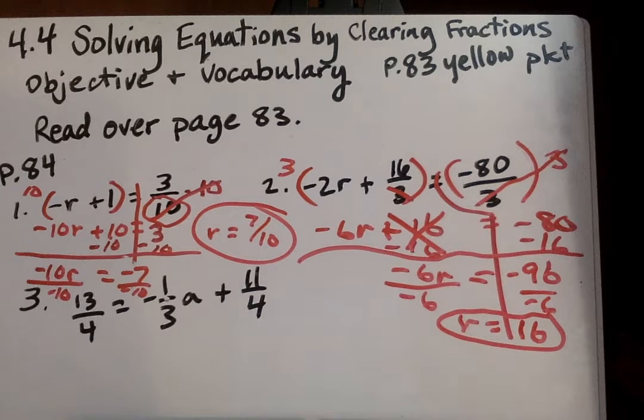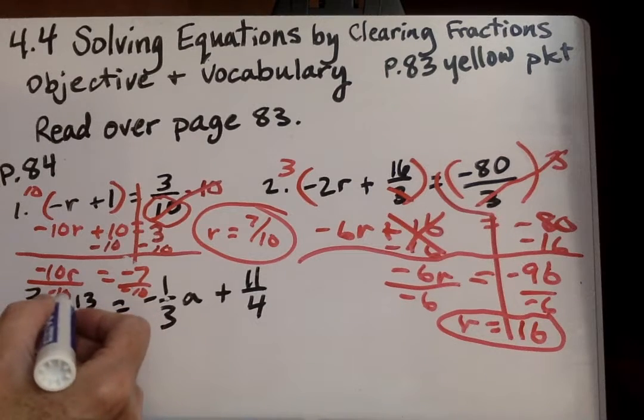Okay. Now you might ask, what if we have different denominators? Here we have 4, 3, 4 for number 3. Well, we just find the least common multiple of 3 and 4. So 3, 6, 9, 12; 4, 8, 12. So 12 would be a common denominator.